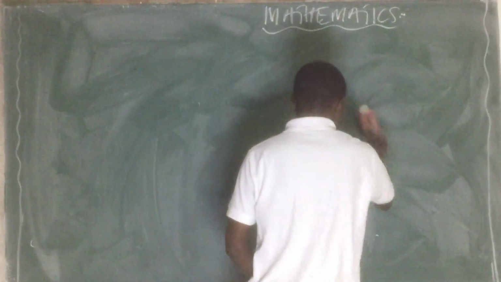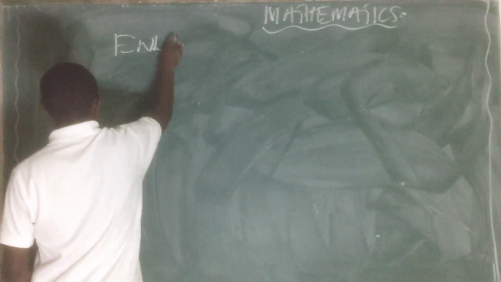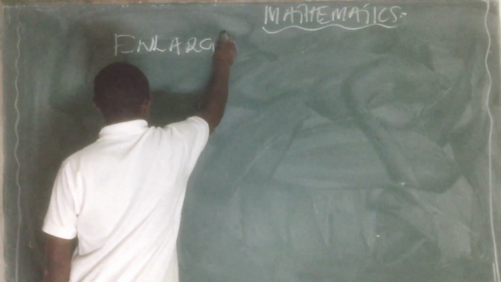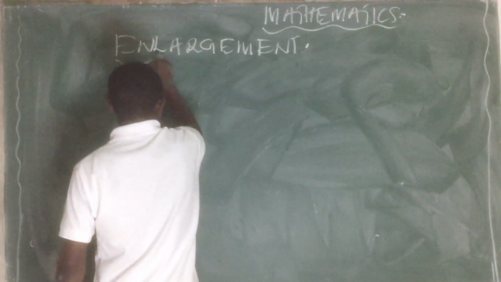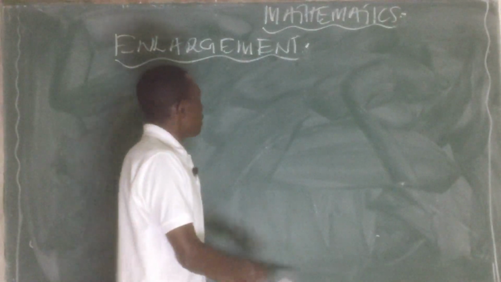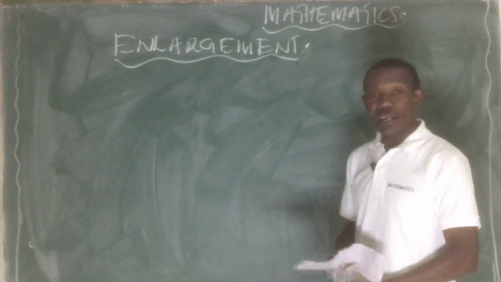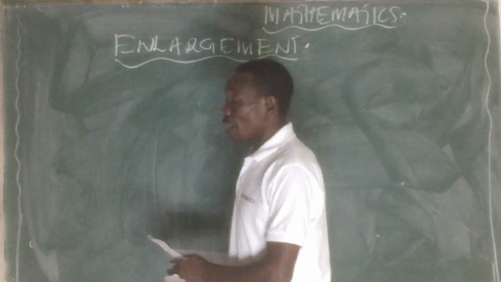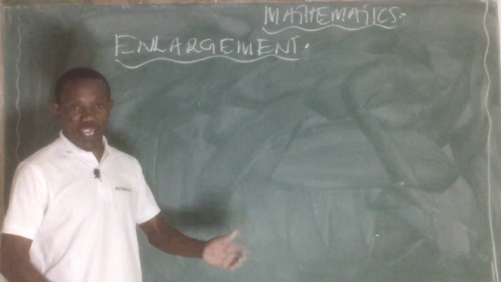First, allow me to define a transformation defined by enlargement. The definition of enlargement in mathematics is going to be different from what we know in English. Generally, to enlarge is just to change the size of a figure.